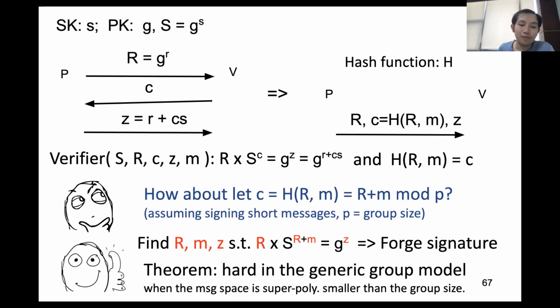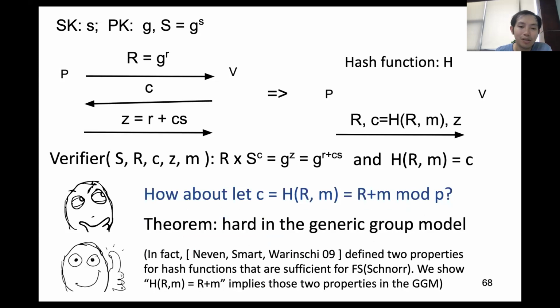In fact, we prove that if you use this plus as the discrete log Schnorr hash function, then finding r, m, and z is still hard in the generic group model. So let me skip this line.